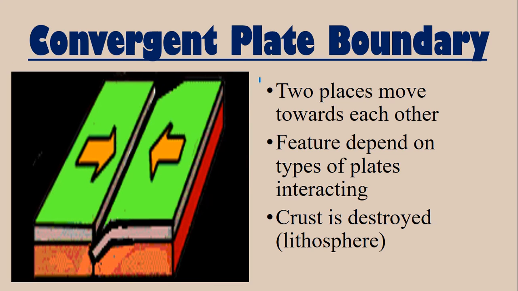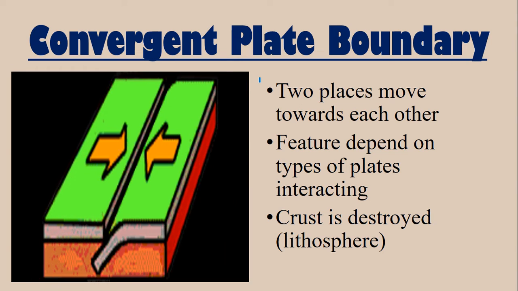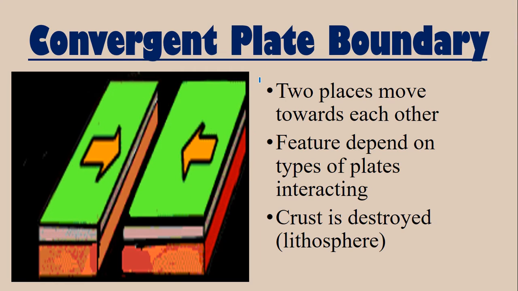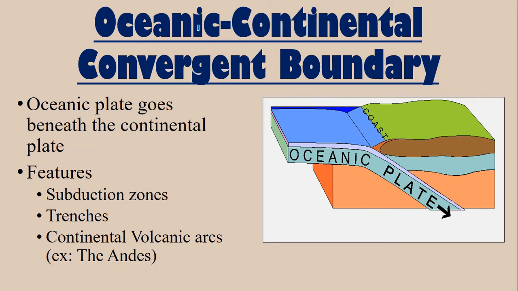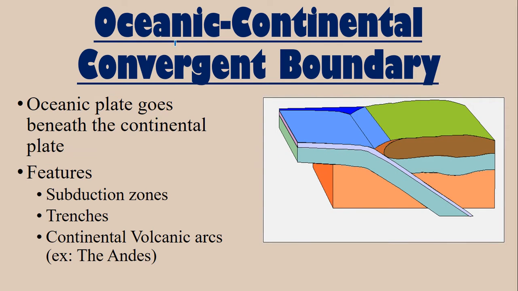Convergent plate boundaries is when you take your two fists and slam them into each other. This is when two plates move towards each other, and the feature depends on what plates are interacting. But one thing that does happen here is crust is destroyed, or lithosphere is destroyed at convergent plate boundaries. Now, if it's an oceanic-continental convergent boundary, this is where one of the plates is oceanic, one of them is continental.